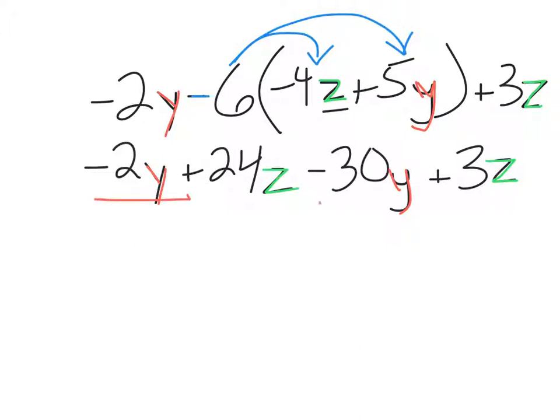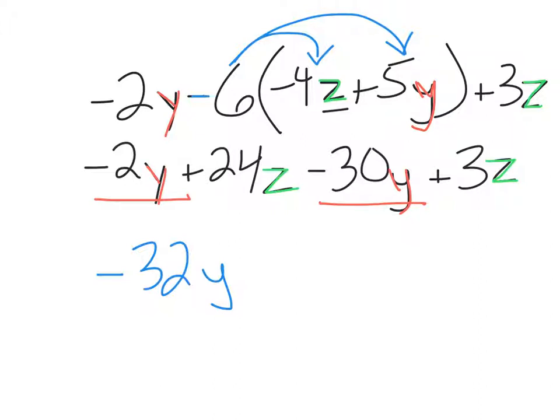So the negative 2y and the negative 30y: negative 2 plus negative 30, a negative plus a negative, would be negative 32y. And if you put the z's together first, that would not matter. I was simply thinking of exponents when I said that.